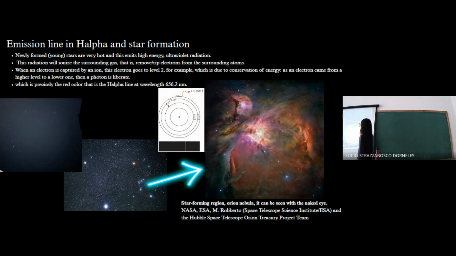And so when an electron is recaptured by the atoms here, again, this electron goes to level 2, for example, which, due to the conservation of energy, as an electron came from a higher energy level to a lower one, then a photon is liberated.